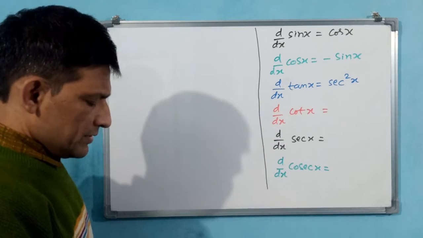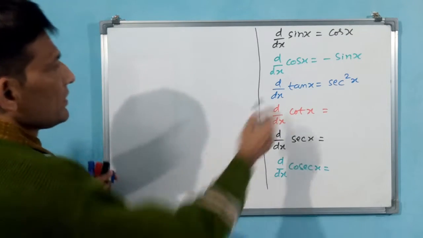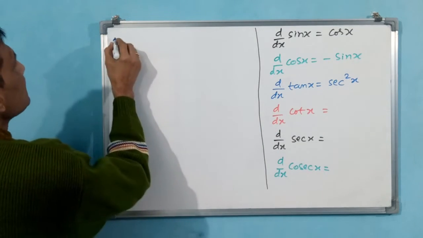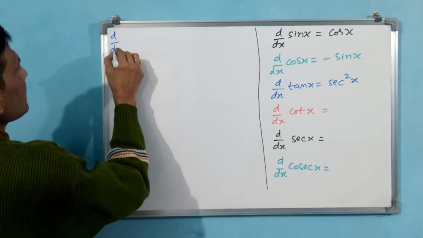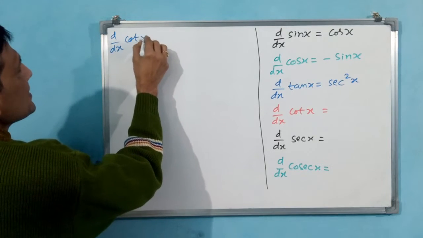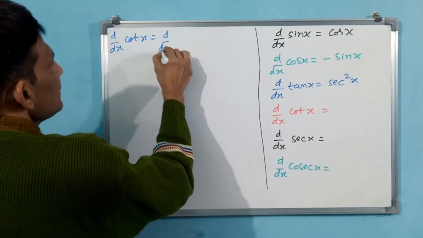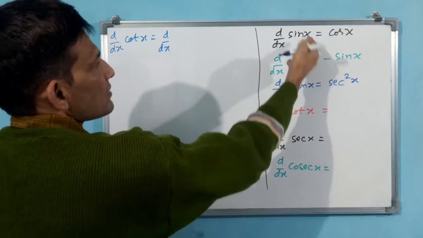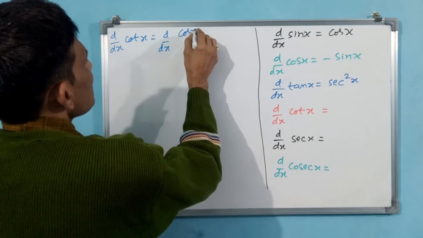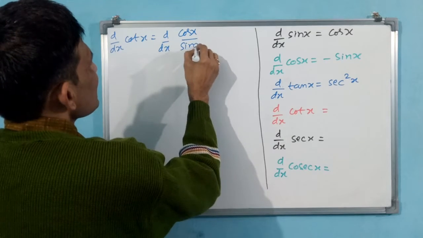You see how I am doing. D by dx cot x is equal to d by dx of cos x by sin x.